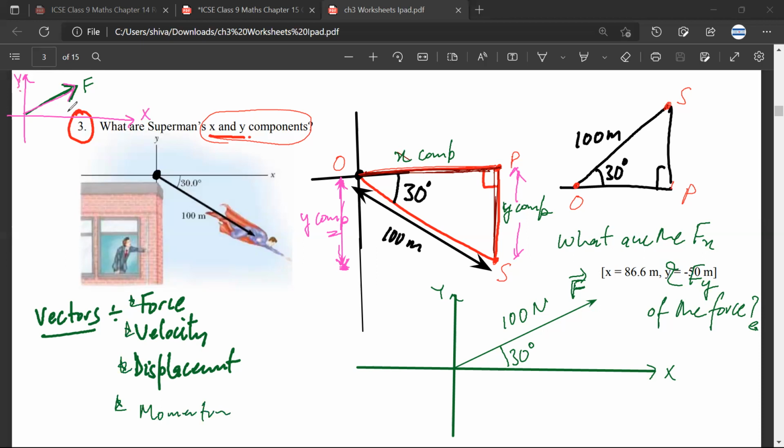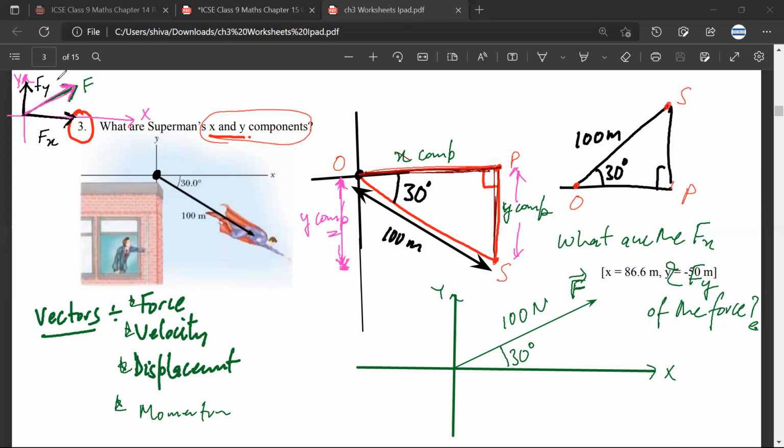Of course, I can crack it in the XYZ plane also, in three dimensions, but that is something that you will do in class 11th. But here, we are cracking only this vector which is in the XY plane, and we are cracking it into two parts. One would be this part, which will be the X component, and the other component would be Fy.